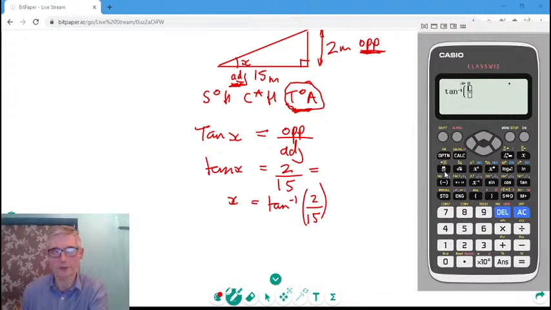So I'm going to press the fraction button there. So 2 over 15, close the bracket, and there we go. We've got a small angle, that we'll call 7.6 to 1 decimal place.